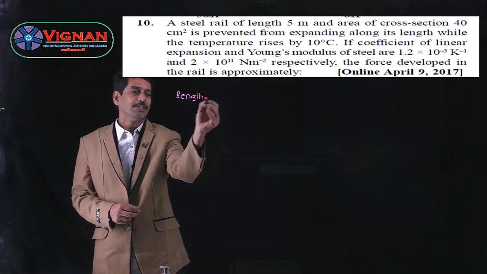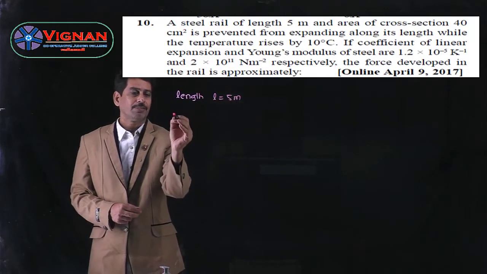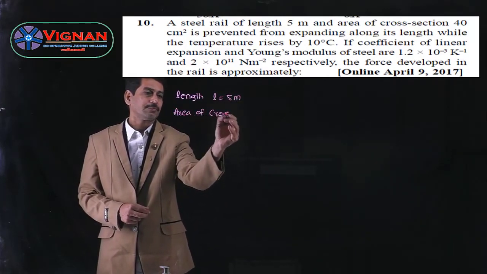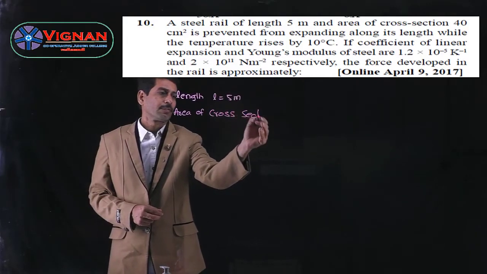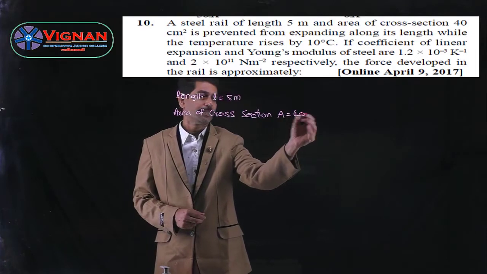So here the data given is, the length of the rail L is equal to 5 meter, and area of cross section A is given as 40 centimeter square.